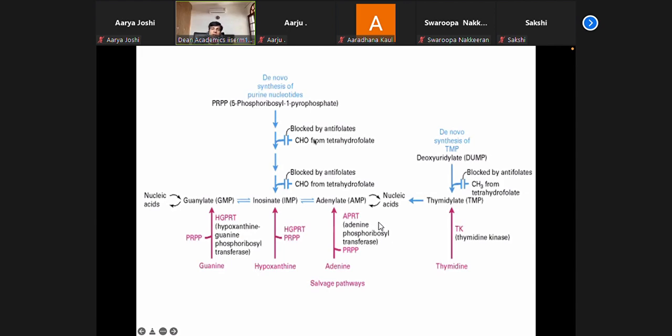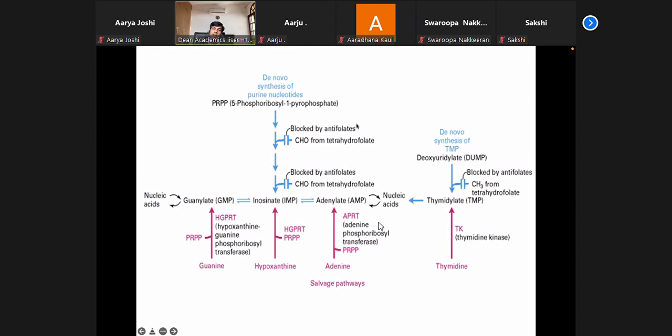So you have this conversion of the carbon unit CHO from tetrahydrofolate. This process is blocked by this antifolate, or in other words, aminopterin. These intermediary steps are required for the conversion of PRPP into the precursors of nucleotides, inosinate, or inosine monophosphate.